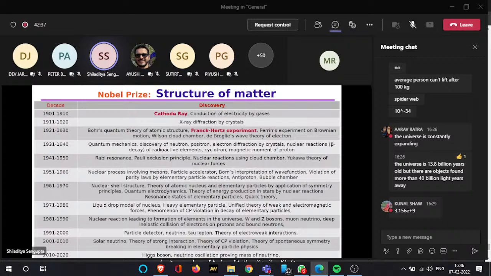This trend is about going to smaller and smaller length scales, probing smaller and smaller length scales. First people experimentally discovered atoms. Then they went smaller, to nuclear physics, which is the nucleus and the different protons and neutrons. And they went even smaller, to elementary particles, and this is what is called particle physics.